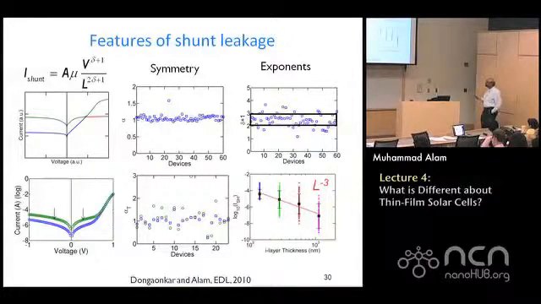Then you can also look at the temperature dependence, but most interestingly, you can look at the non-linearity of this shunt between 2 and 3, and this is about close to 60 devices. So it's not just 1 or 2 accidental happenings, 60 devices all showing essentially the same characteristics. And here is the 1 over L cube.